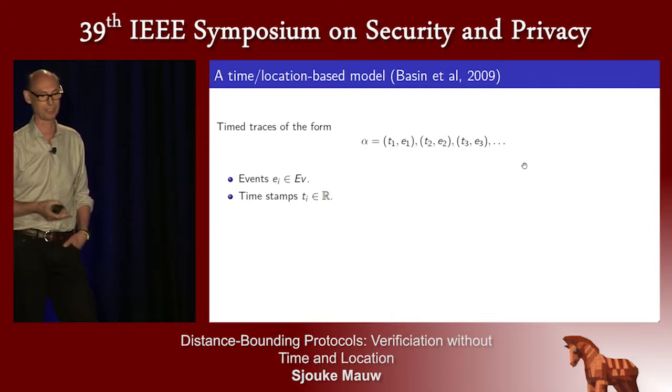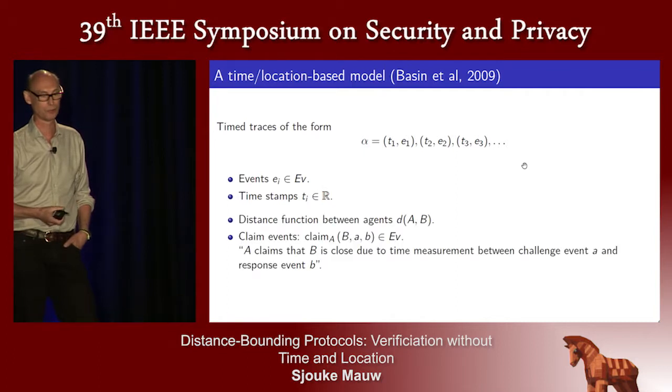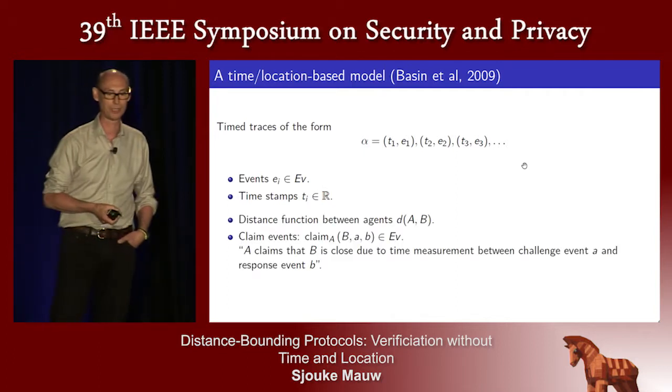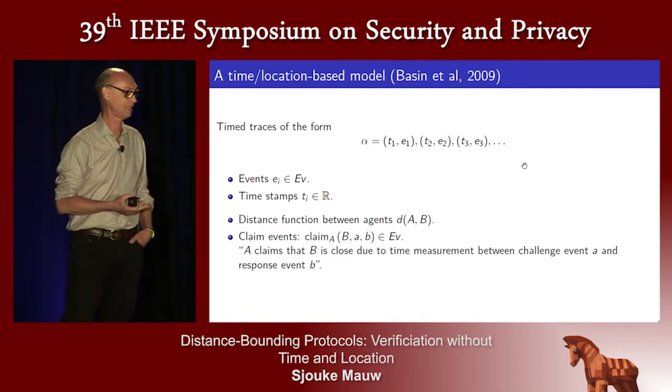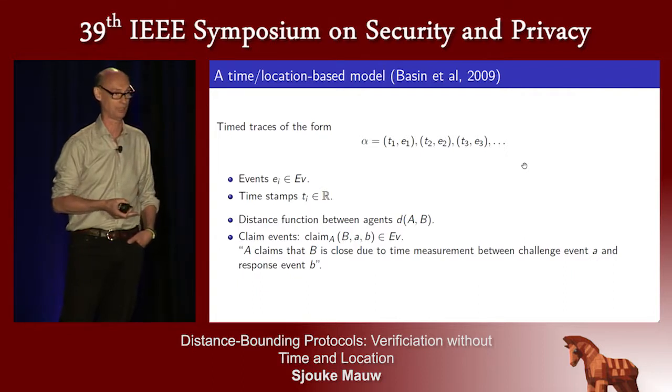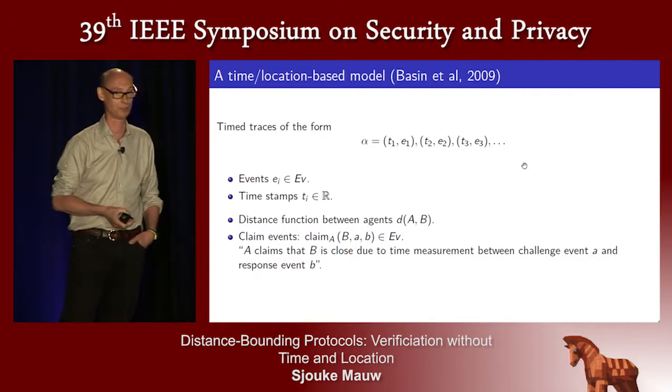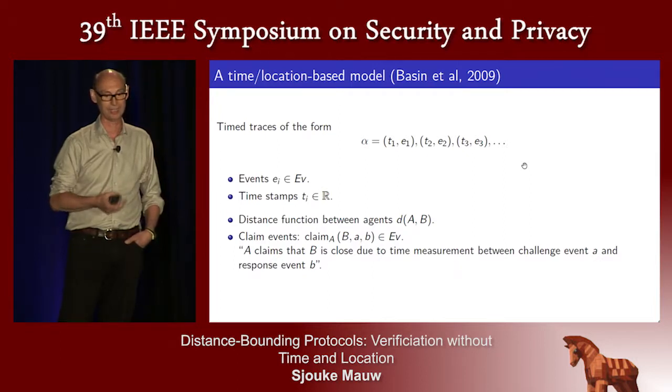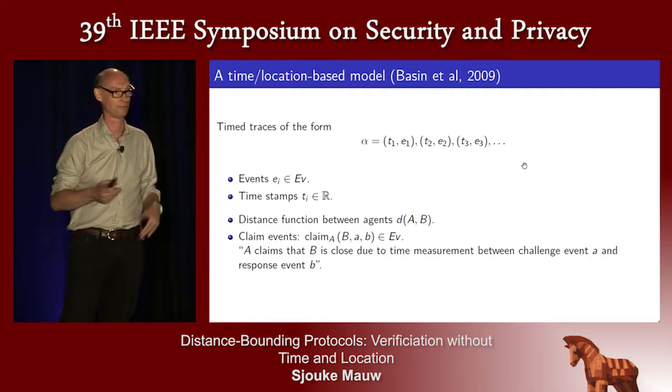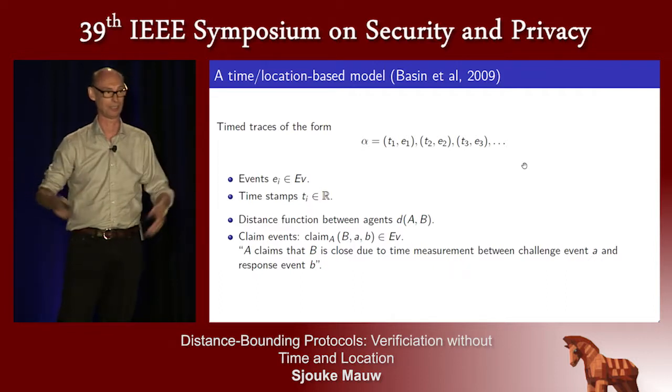So the model has time traces, where we have events, E, and timestamps, T, and there are 2 more features that you need to know in the model. One is that it considers the distance between 2 agents, A and B. Rather than having the location of the 2 agents, it considers the distance as a primitive notion. And then finally, we have the notion of claim events, a special type of events, apart from the reception and the sending of messages.